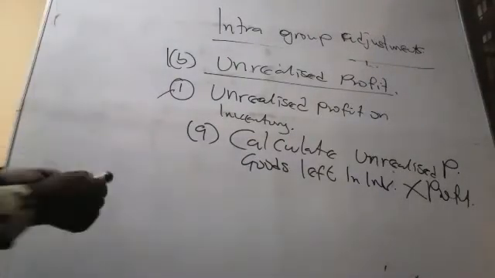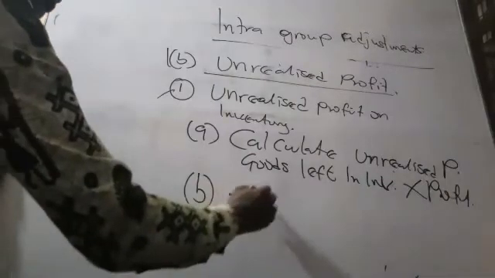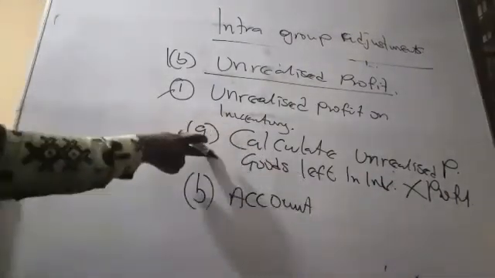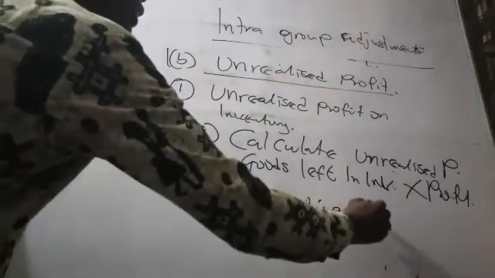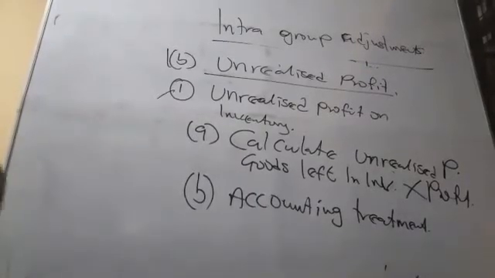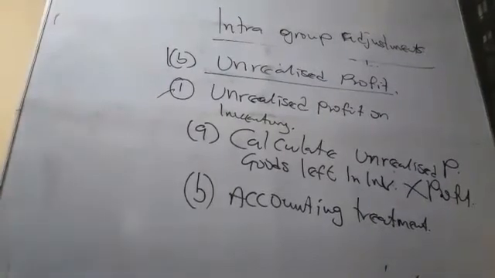Good. Then B, the accounting treatment. After calculating the unrealized profit, treat it. Here the accounting treatment depends on who made the sale. So before you do the accounting treatment, ask yourself, who was the seller?